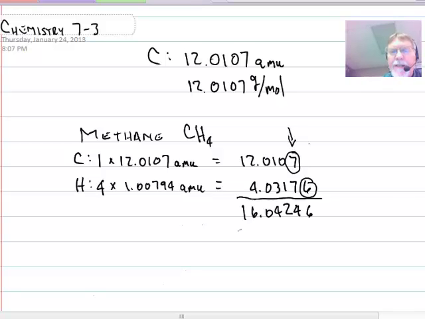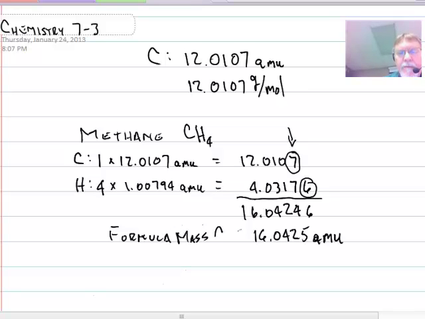The 7 is furthest to the left. I'm going to round to this column right here. So I'm going to report this number as 16.0425 AMU. This is the formula mass for methane.